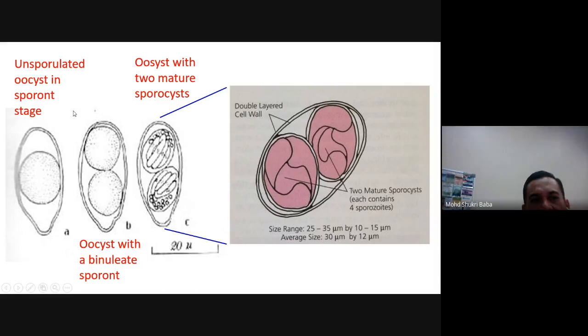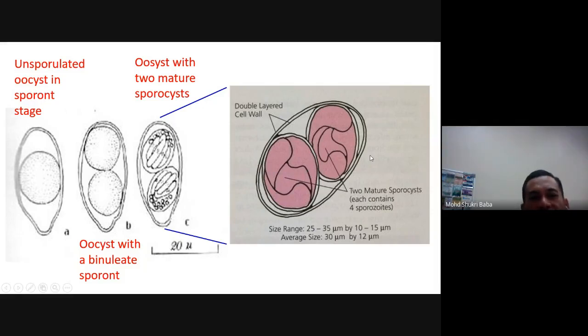So ingat, unsporulated oocyst tak matang. Oocyst with a binucleate sporon, bermakna sporocyst tu mula untuk menuju ke arah kematangan lah. And then oocyst with 2 matured sporocyst, setiap sporocyst tu mengandung 4 sporozoid.